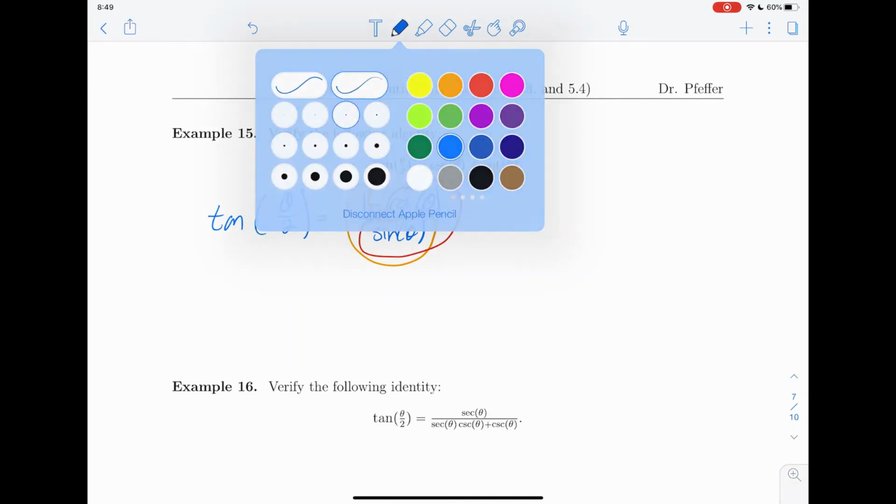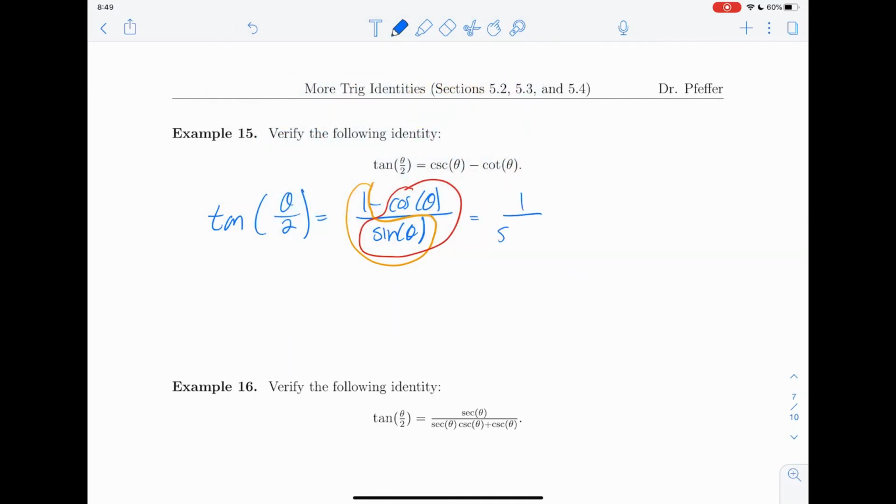And so I can rewrite this as 1 over the sine of theta minus the cosine of theta over the sine of theta, which of course translates into what we're looking for, which is the cosecant of theta minus the cotangent of theta, and we're done. So again, we're unlocking so many new trig identities.